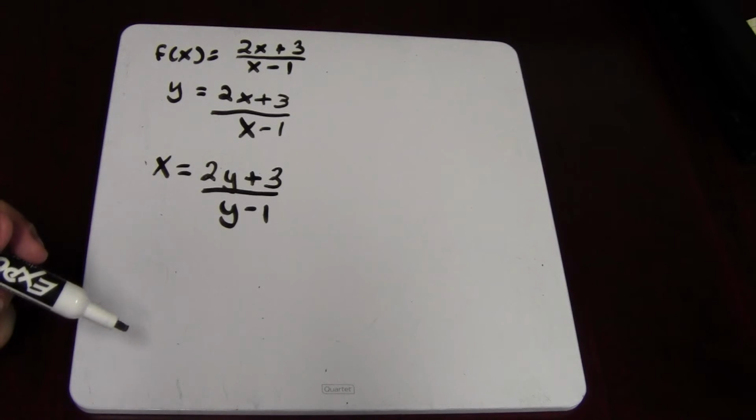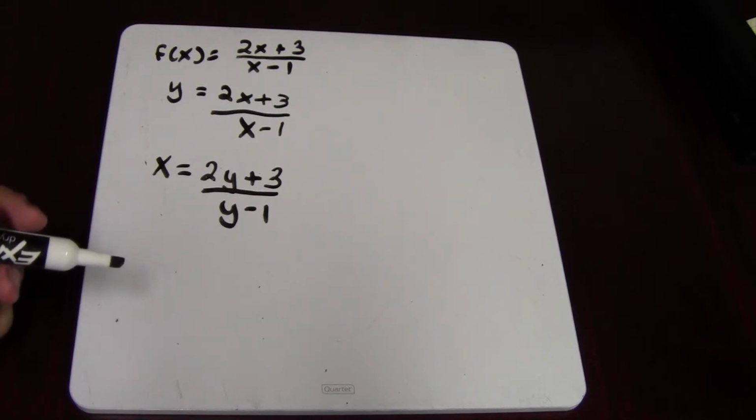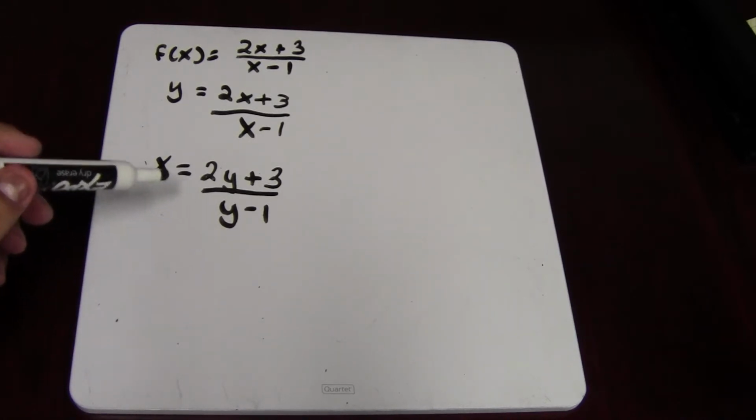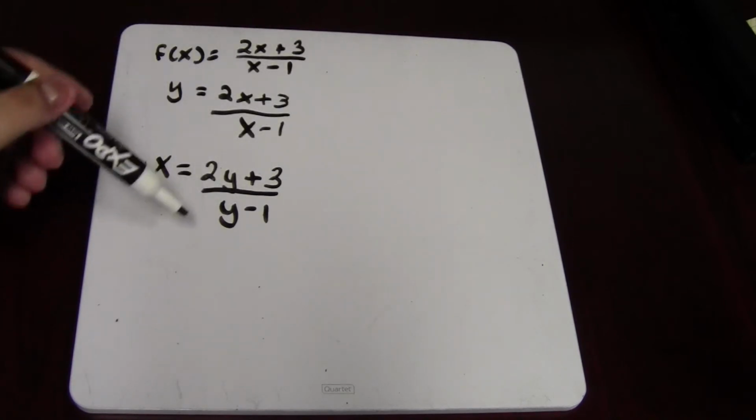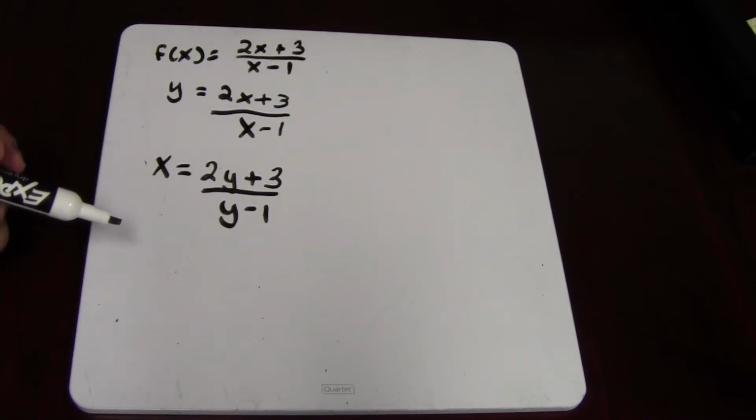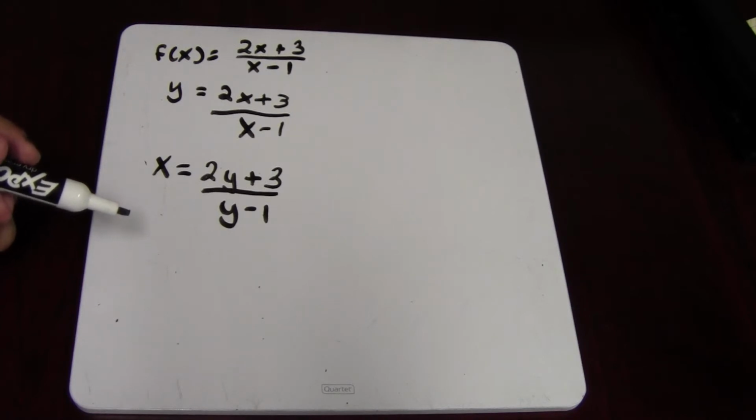The third step is always the longest one, at least according to the steps that I have listed. And that is to solve for y. Now, when you're doing this, it's going to be the same way for any type of rational function like this. You're going to use these same techniques in pretty much the same exact order to solve any problem that looks like this or that is a rational function.